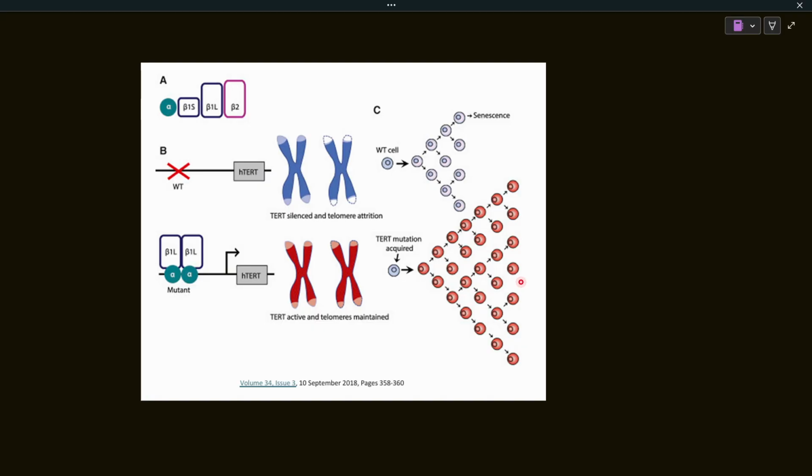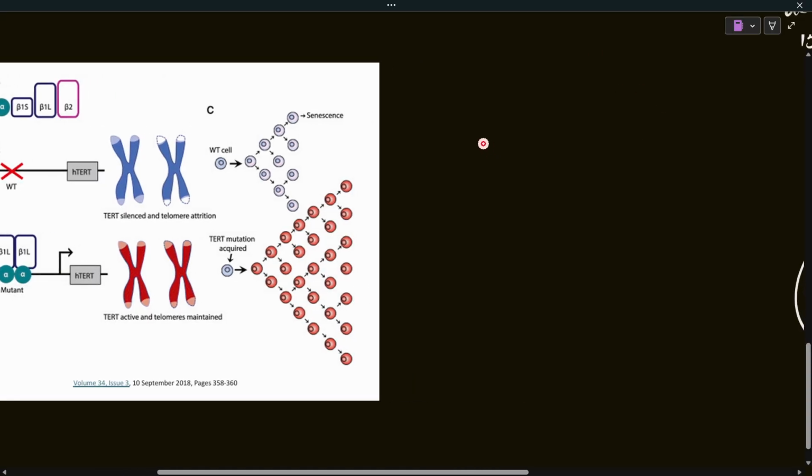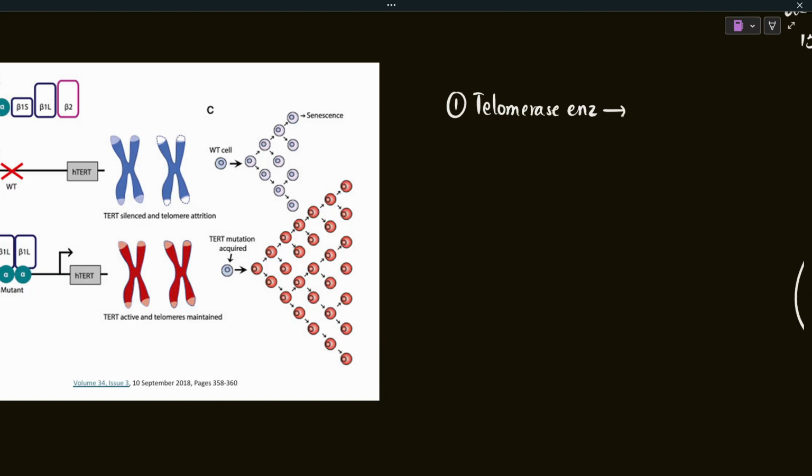So alongside this TERT activation, what can happen? Either the gene for the telomerase enzyme can be reactivated, meaning TERT reactivation, or TERT overexpression could be done by the epigenetic regulations.